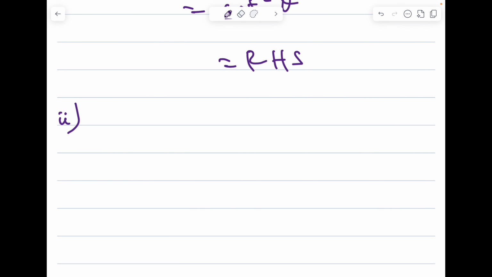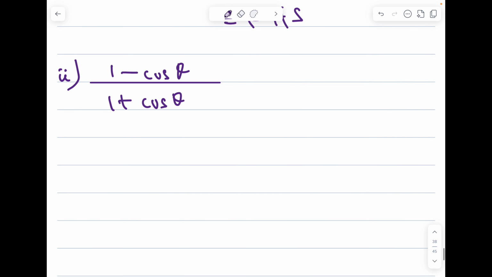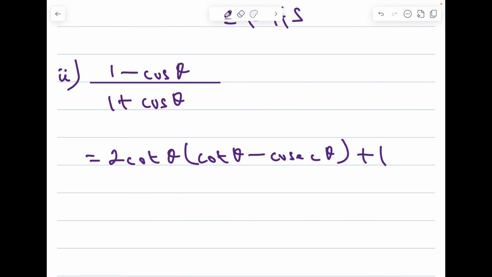question, and that says prove that 1 minus cos theta over 1 plus cos theta is equal to 2 cot theta into bracket cot theta minus cosec theta, close the bracket, plus 1.